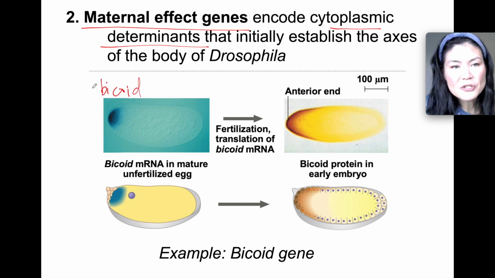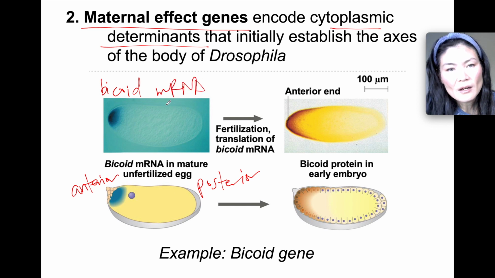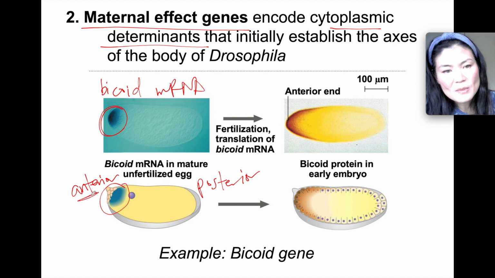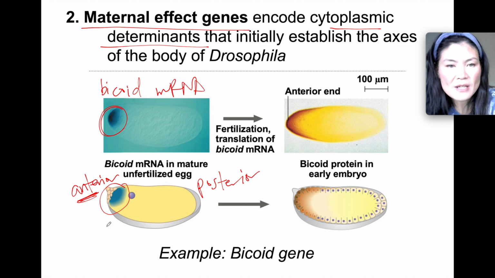So the gene for bicoid is a maternal effect gene, which is going to initially establish the axes of the body of the Drosophila, or the fruit fly. Anterior versus posterior. Where you find the bicoid mRNA in high concentration, that's going to determine the anterior end of the egg, or the zygote.